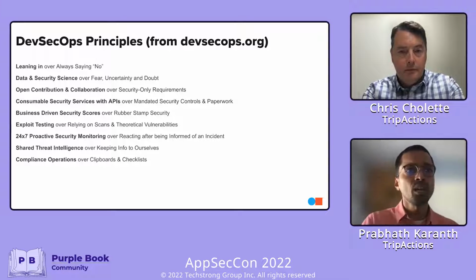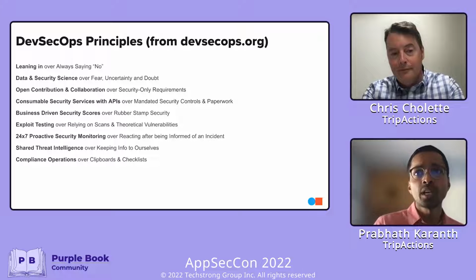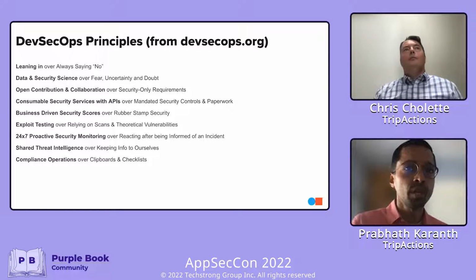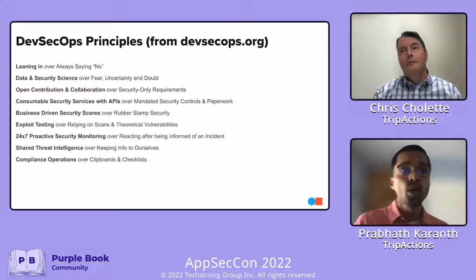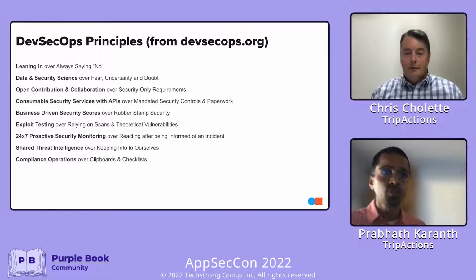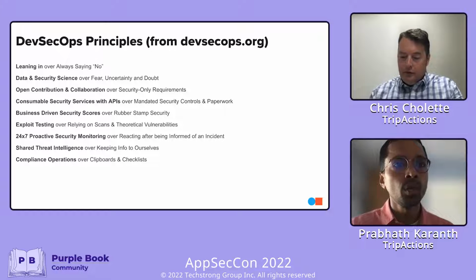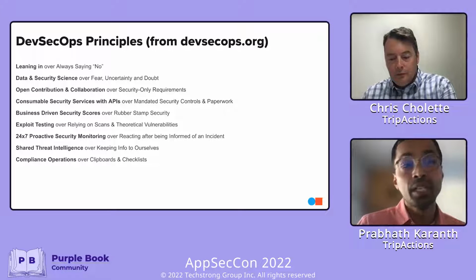Some examples of this are, rather than having a mandated security checklist and paperwork, have consumable security services with APIs. Automation is the key. Have 24/7 proactive monitoring, so that even if we are taking a risk in order to enable the business, there's enough monitoring around your overall ecosystem to identify any malicious activity and so on.